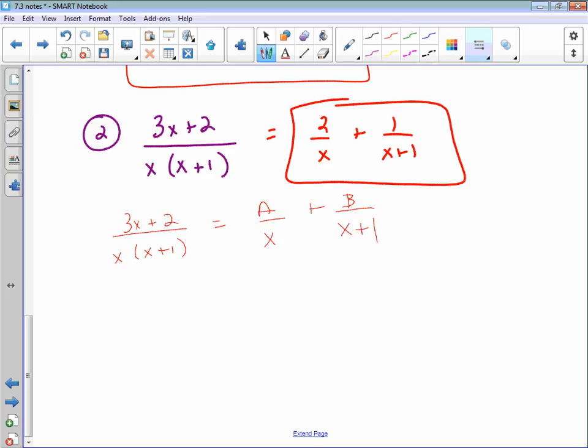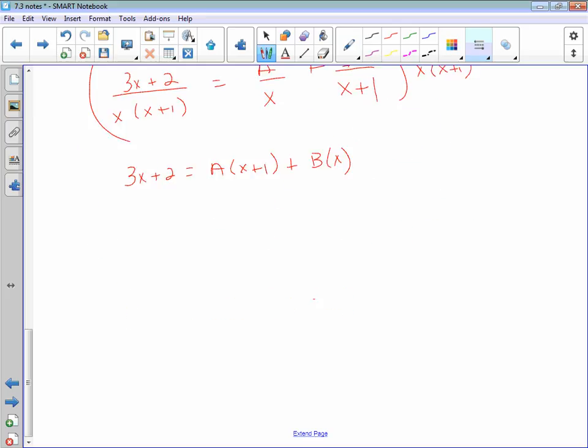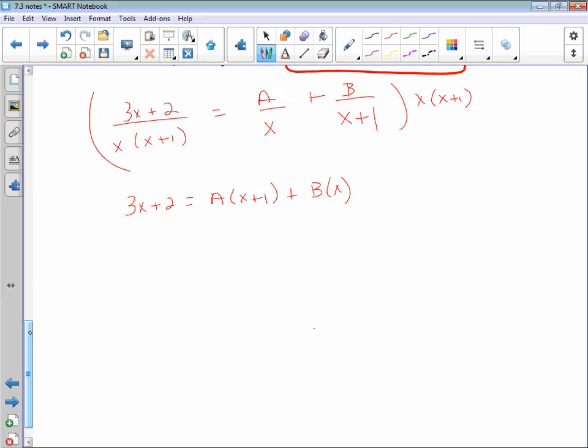Okay guys, that should have been your first step, right? So then I multiply the whole thing times x plus 1, right? So I get 3x plus 2 equals a times x plus 1 plus b times x. Why would you multiply by x plus 1?